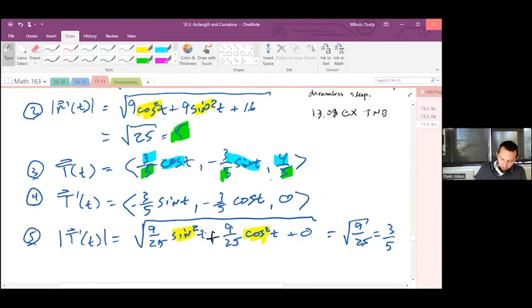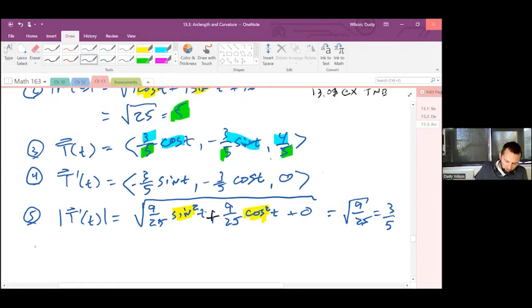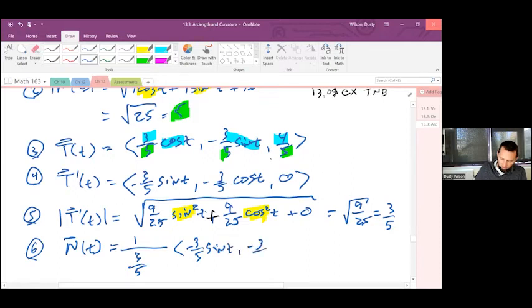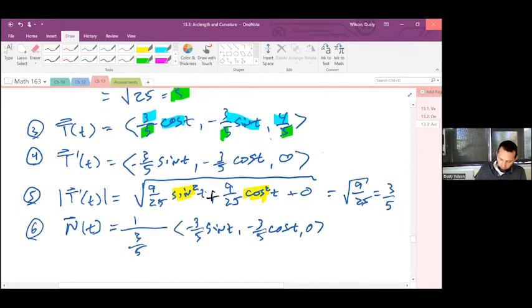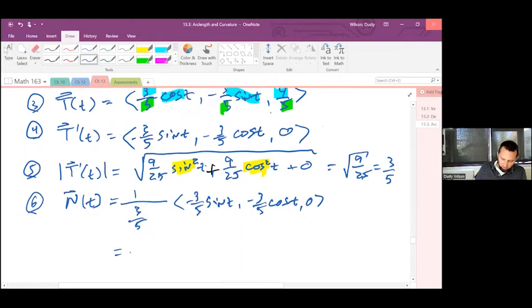So putting these things together, we get that the unit normal vector n of t is equal to 1/(3/5) times the vector (-3/5 sine t, -3/5 cosine t, 0), which is a funny way of writing it, because the negative 3/5 and the positive 3/5 are going to cancel out.